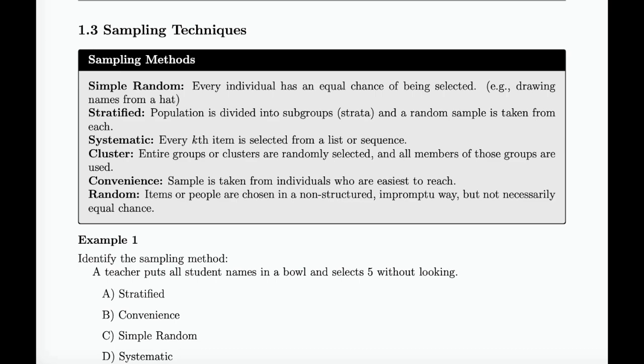You're only getting the people that are walking in to a health food store, so most likely those people are going to be eating healthy. So that might cause some bias in your study. So although it might be an easy way to get some information, it's not necessarily always the best.